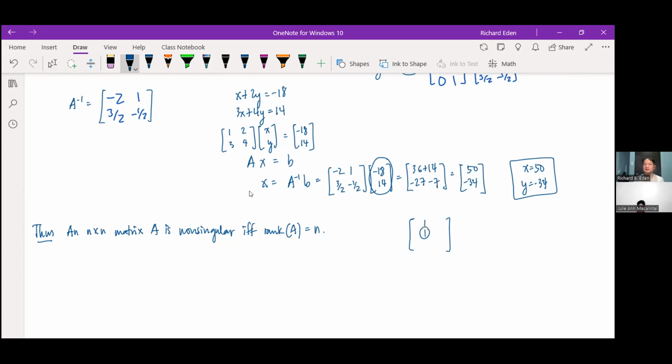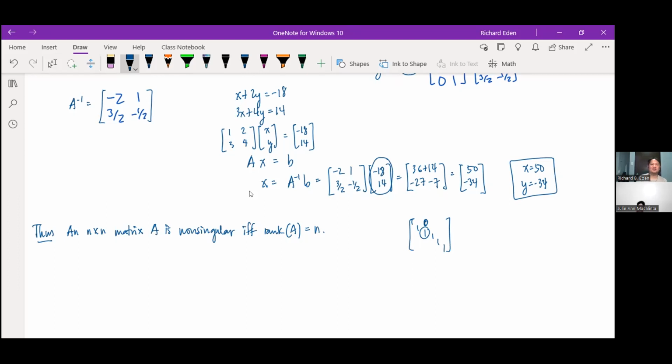Kasi if you have that one there, you should be able to eliminate this one above and turn that into a 0. So that means in every column, there's going to be a single one. In every row, there's going to be a single one. Ibig sabihin, when you do Gauss-Jordan reduction, ng mga ones, force sila sa diagonal.